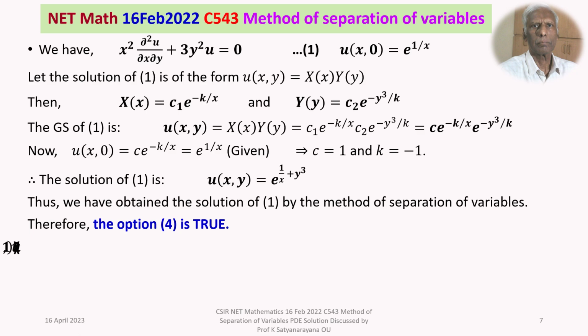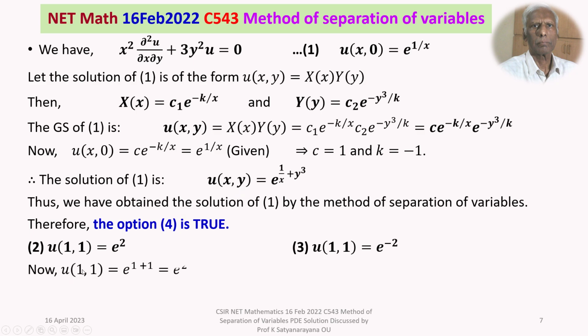Now let's see the option 2, that is u at 1 comma 1 is e square. Option 3, u at 1 comma 1 is e power minus 2. So we have u of x comma y, and in this put x is equal to 1 and y is equal to 1. So we will get u of 1 comma 1 is equal to e to the power of 1 by 1 is 1 plus y cube is 1 cube, that is 1. So e to the power of 1 plus 1, that is equal to e square.